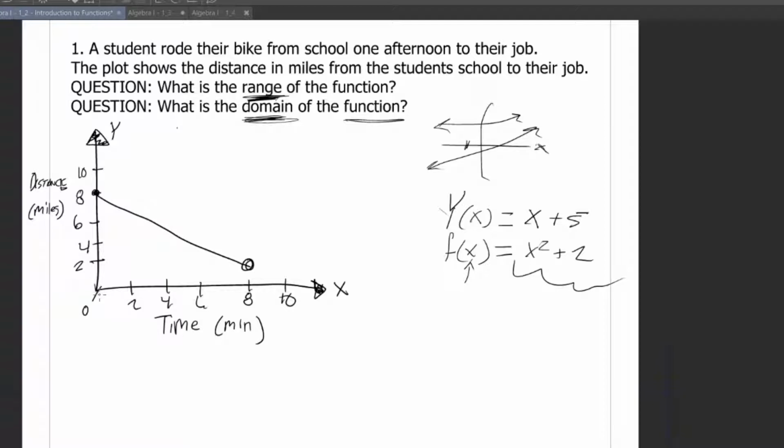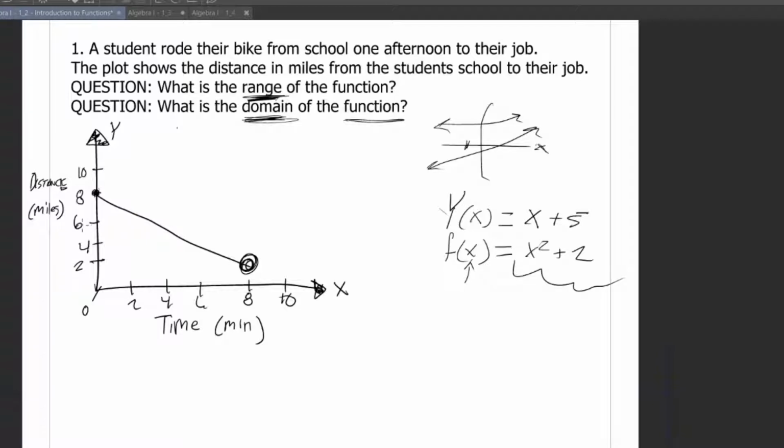We start at time equals 0. The student is 8 miles from the school to their job, 8 miles to go to their job. And then in 8 minutes, they travel from 8 miles away to, let's say, 2 miles away. And this is not filled in.